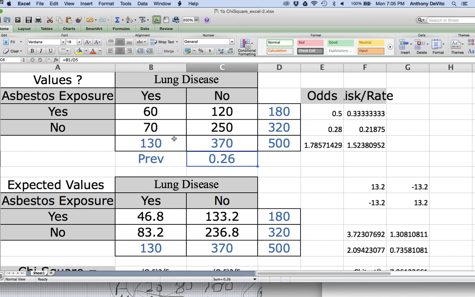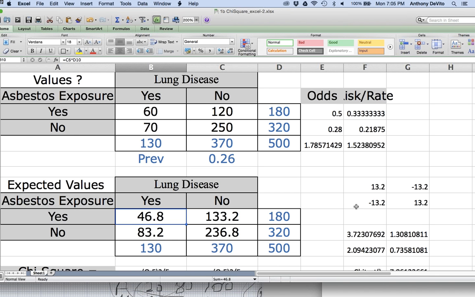So now I want to see if the differences between what I really observed and what I would have expected if there was no association are different enough for me to say, with the level of certainty that I want, that the association is not due to chance, so I can reject the null hypothesis, right? The way I do that is I take each cell, I took 60 minus 46.8, I just want the difference.